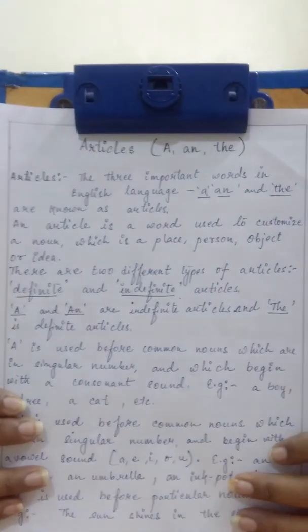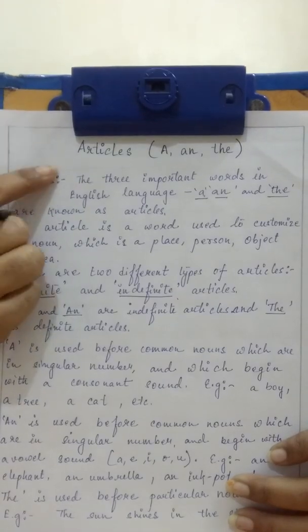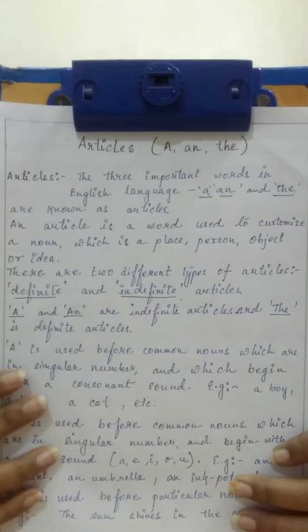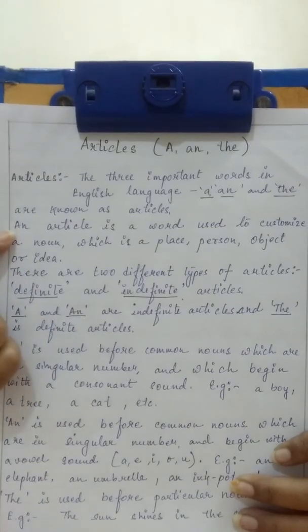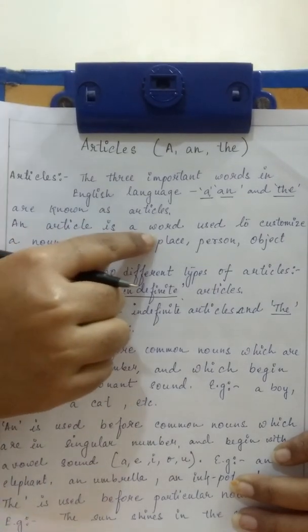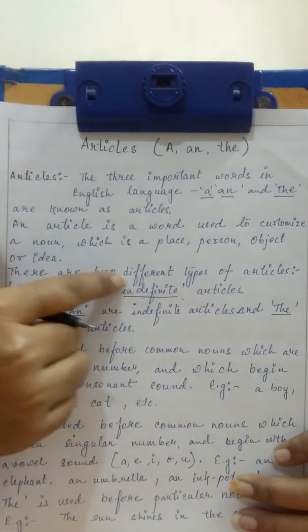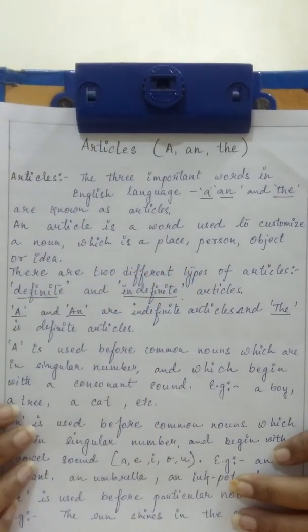I have explained all this to you in the chapter. Here you have to write Articles, put a colon, give a hyphen, and write the definition. Then in the next paragraph you write that an article is a word and so on, and that there are two different types of articles.